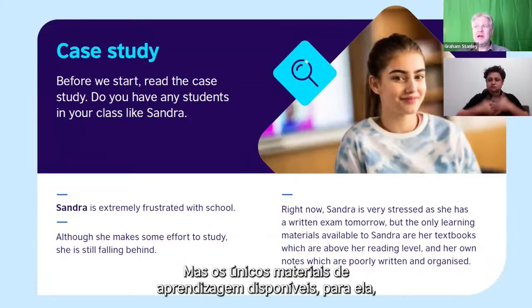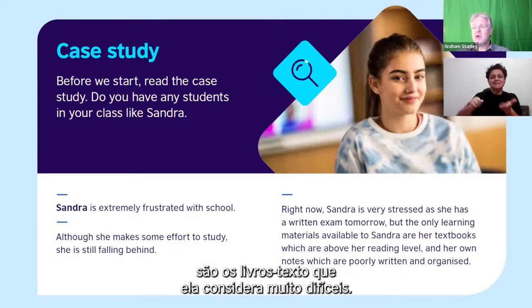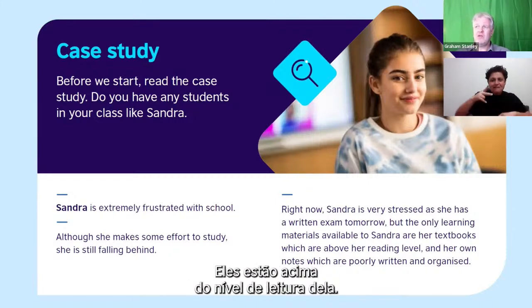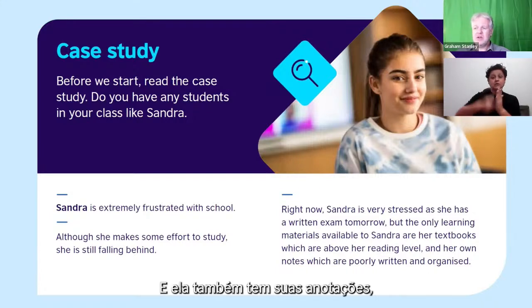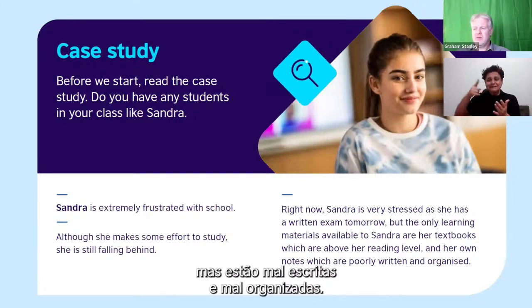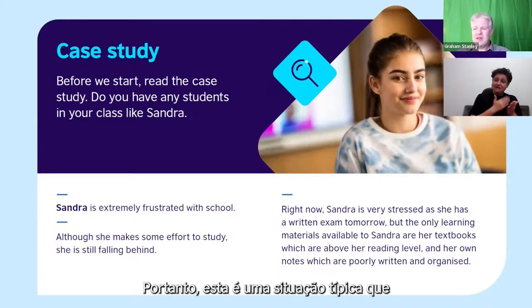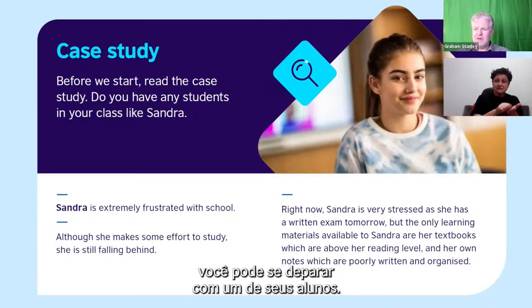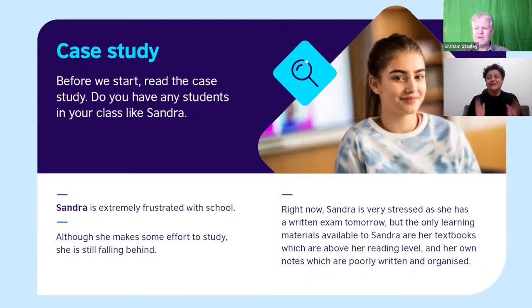But the only learning materials available to Sandra are her textbooks, which are too hard for her. They're above her reading level, and she also has her own notes, but these notes are poorly written and poorly organized. So this is a typical situation that you might find with one of your students.